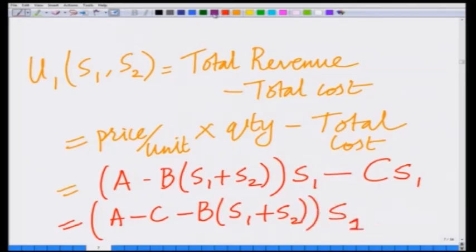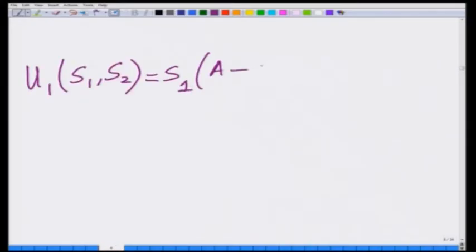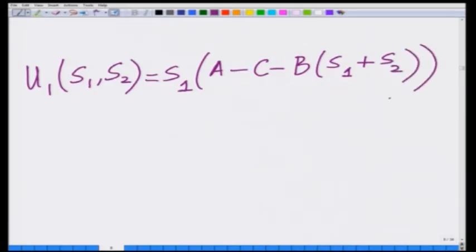So, to again write this clearly, we have U1 of S1 comma S2, which is the total profit of firm 1, equals S1 into A minus C minus B times S1 plus S2, right.